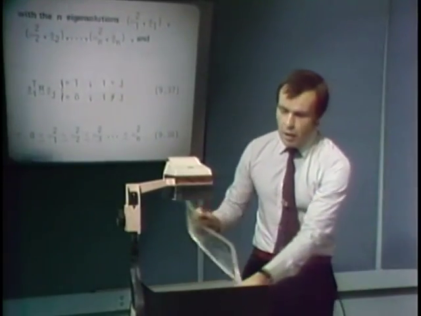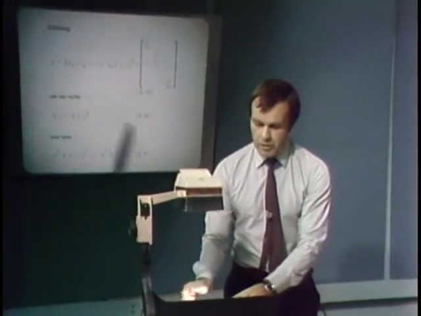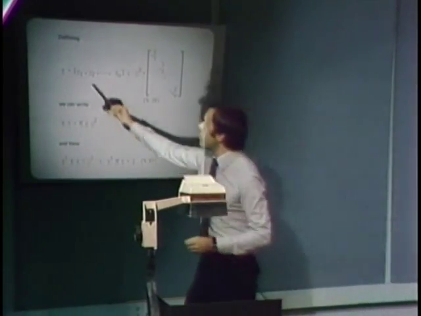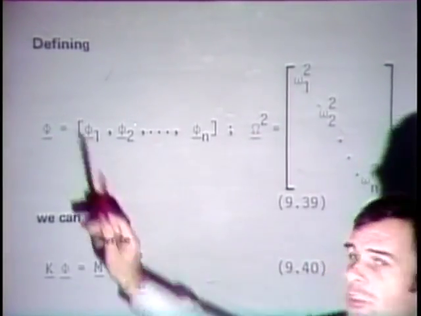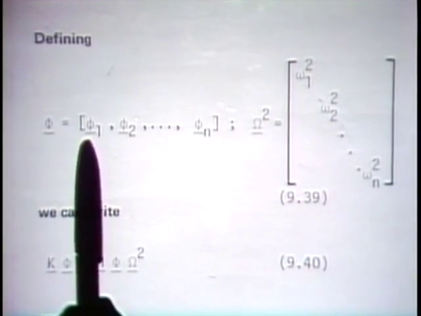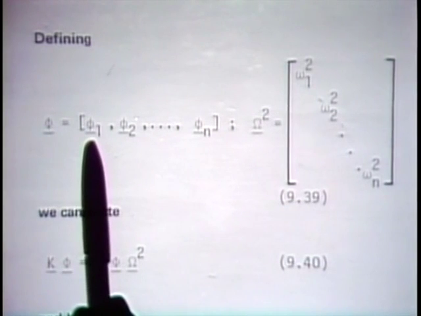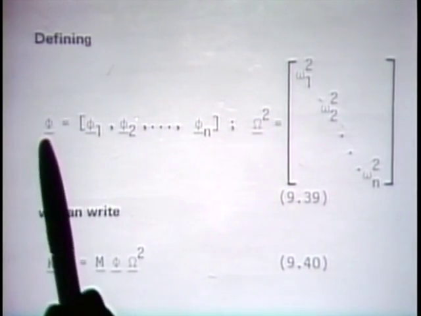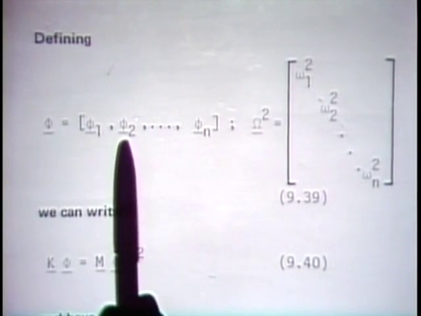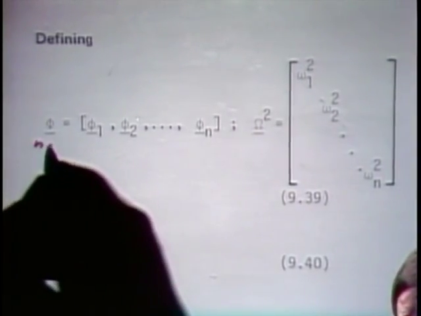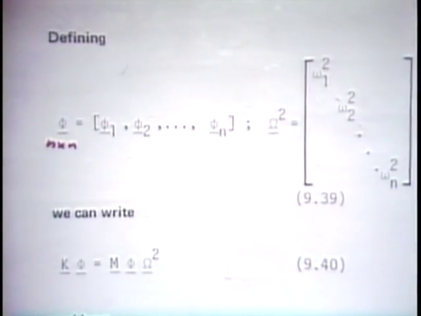Well, if we now define the following matrix, capital Phi, it's a capital Phi because we're seeing crossbars top and bottom here. If we define this matrix as phi 1 to phi n, in other words, we're taking the first eigenvector and listing it as the first column of this matrix, the second eigenvector as the second column, and so on, so that this matrix is an n by n matrix.